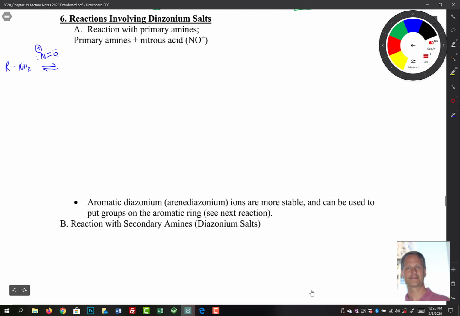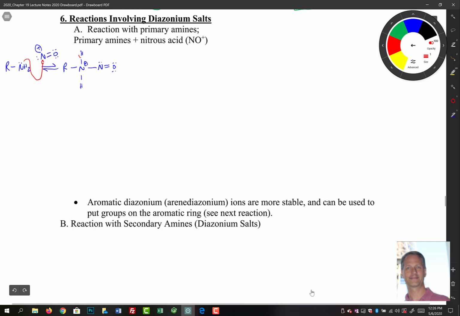So the first step of that reaction is we're going to come over and grab the nitrogen. What that's going to give us is this structure here with an R. We're going to have our nitrogen, 2 H's, another nitrogen, lone pair on it like this. That'll put a plus charge here.